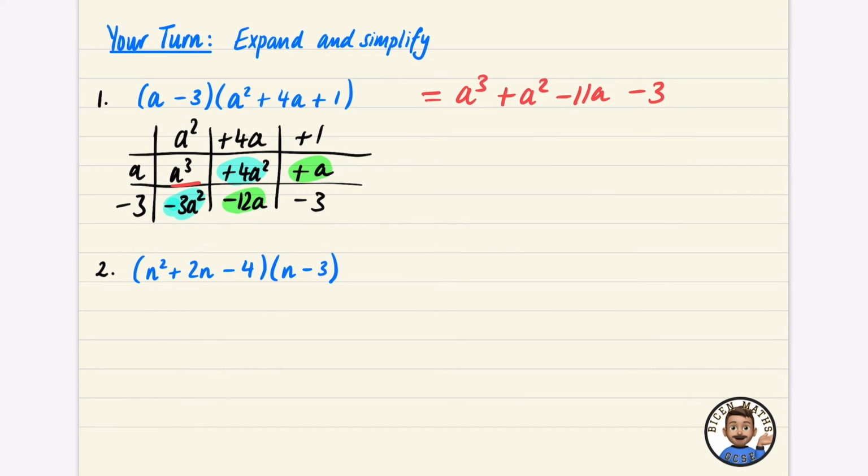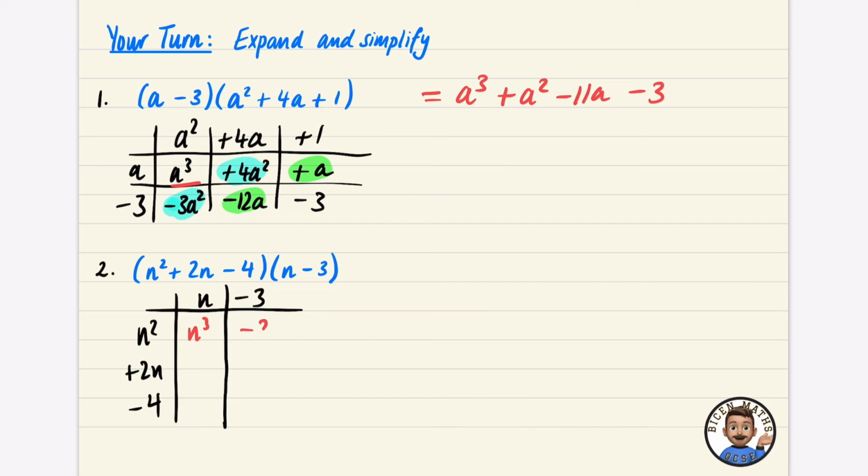I'm also going to do the grid method for this one. You could do it with the n squared, the 2n, and the minus 4 down the side. Let's show you that you can do that in a different way. And then along the top, we'll have the n and the minus 3. So n squared times n, I'll remember to go to red this time, is n cubed.